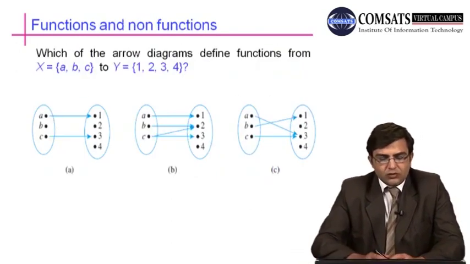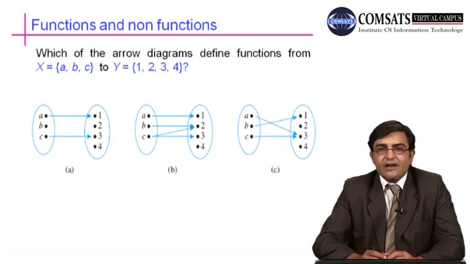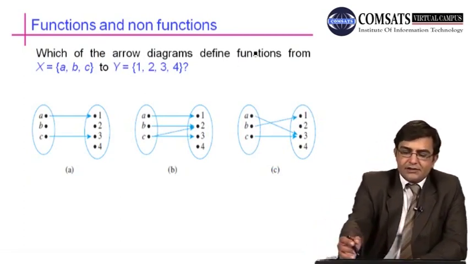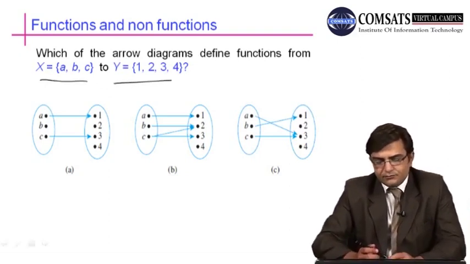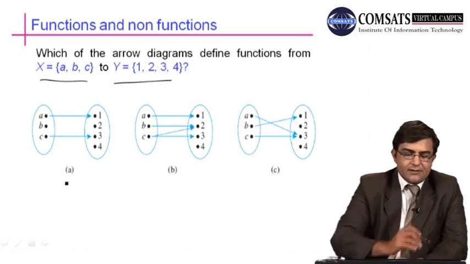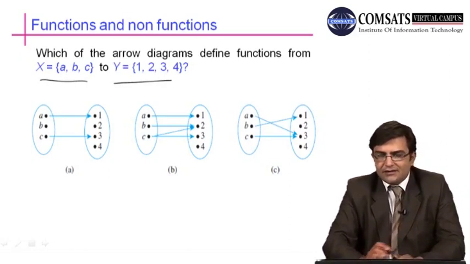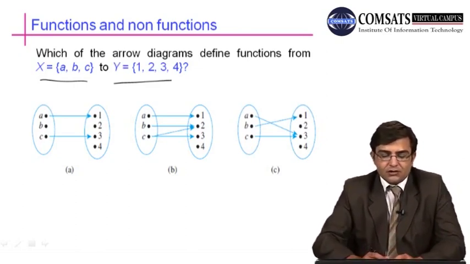Now we see some examples, and we shall investigate whether the given arrow diagrams express functions or not. Which of the following diagrams define functions from X to Y? First we check this one. Obviously this is a relation, but we have to check whether it is a function. We check two properties.